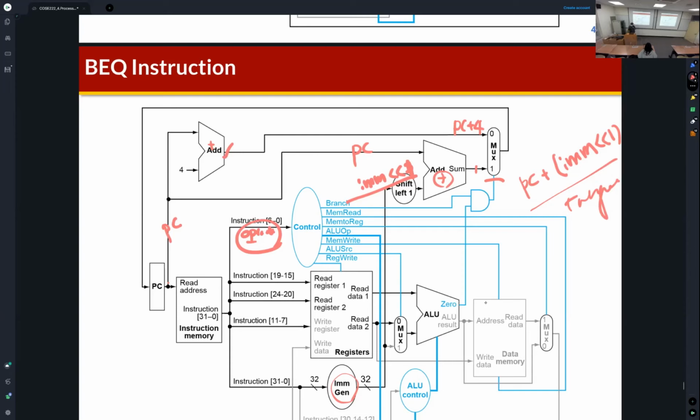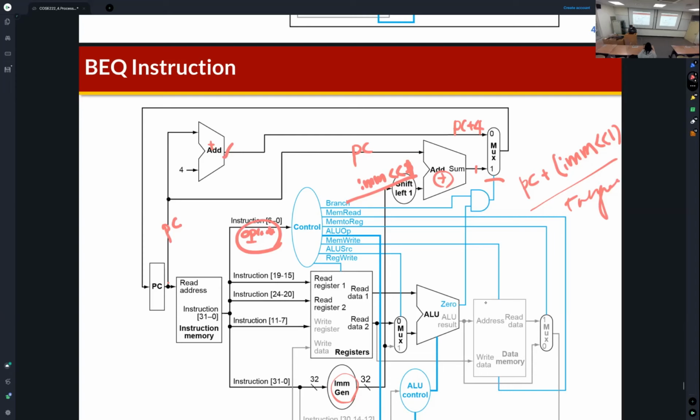Based on the condition of the branch instruction, the next program counter value can be PC plus 4, for the false case of the branch, or PC plus the immediate multiplied by 2, for the true case of the branch.